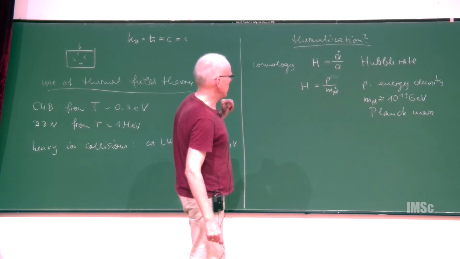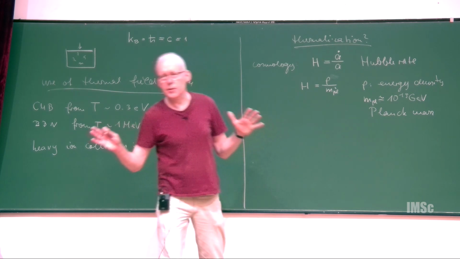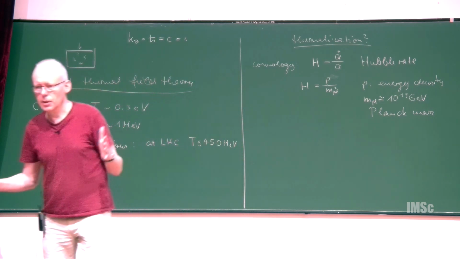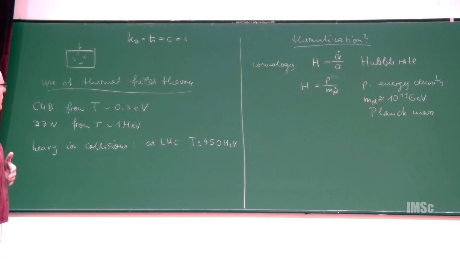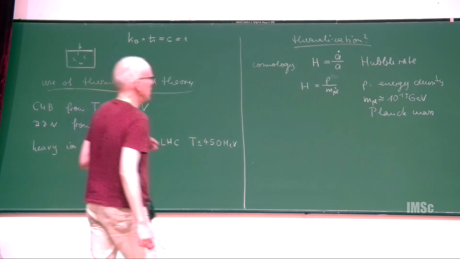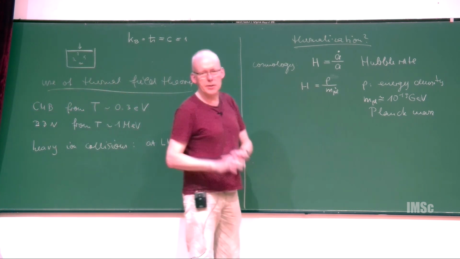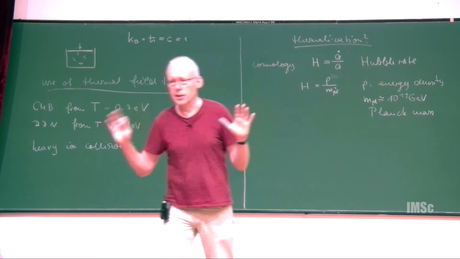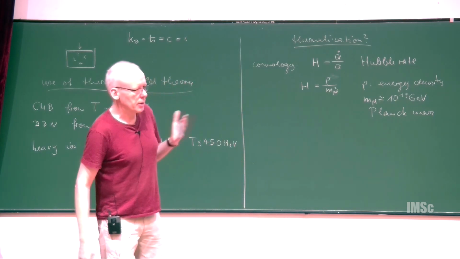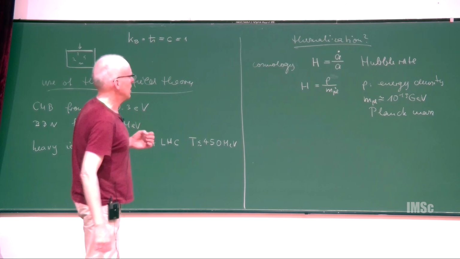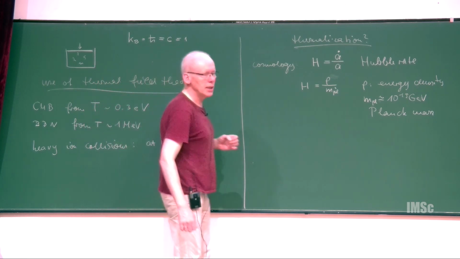Now, what is the energy density? Let's assume that the system is in thermal equilibrium, and see whether this is consistent. If it's in thermal equilibrium, then the energy density is determined completely by the temperature. So we have an equation of state, which tells us what rho is for a given temperature.